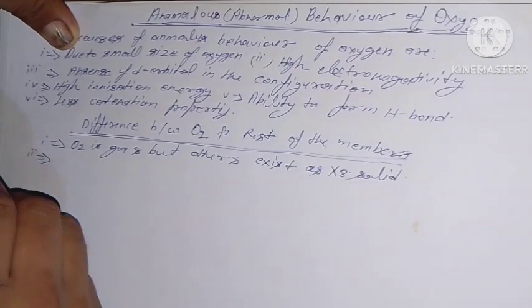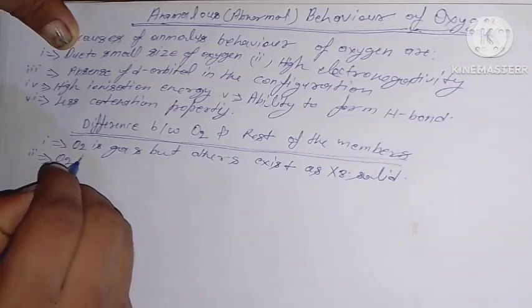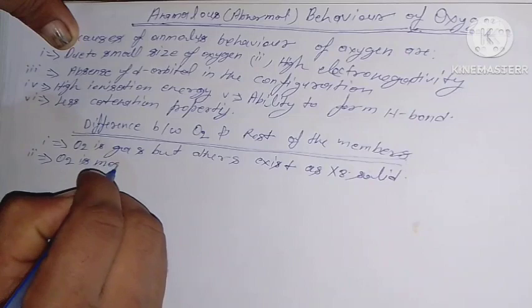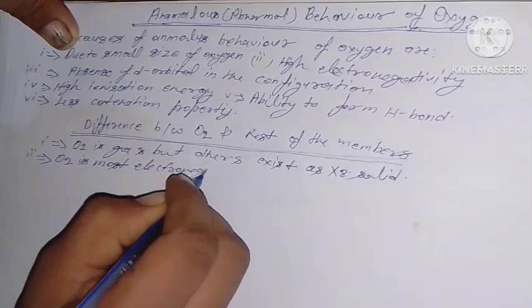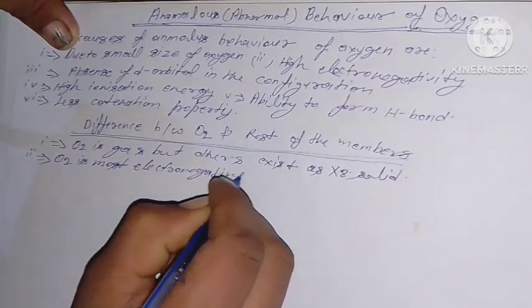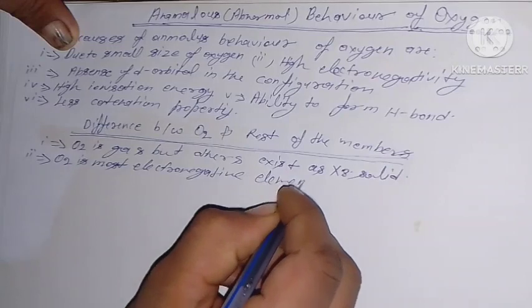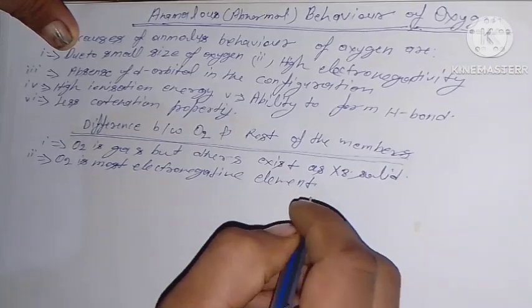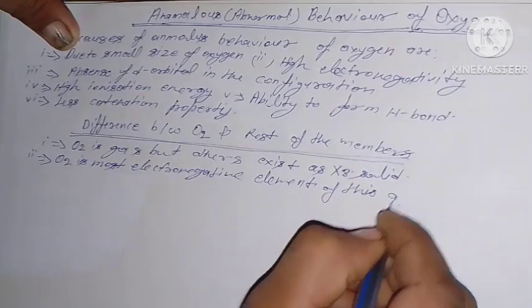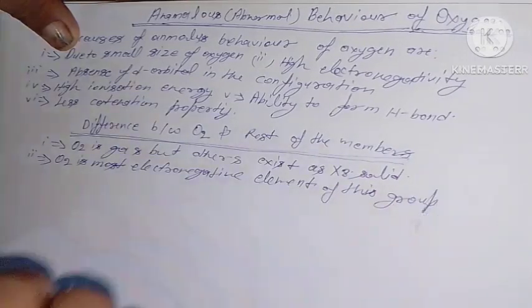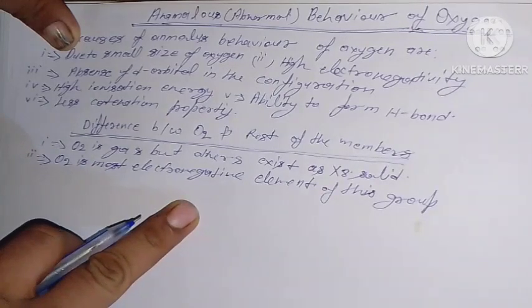Second point, oxygen is the most electronegative element of this group.